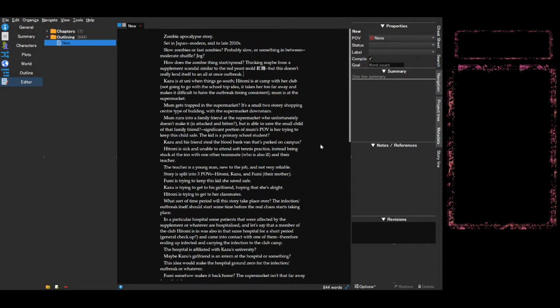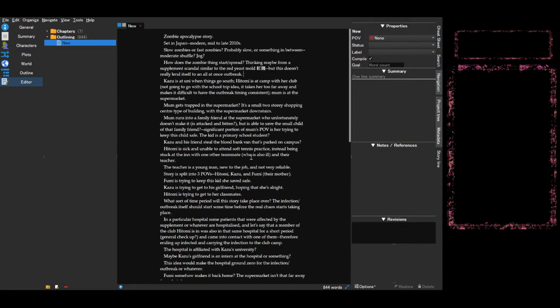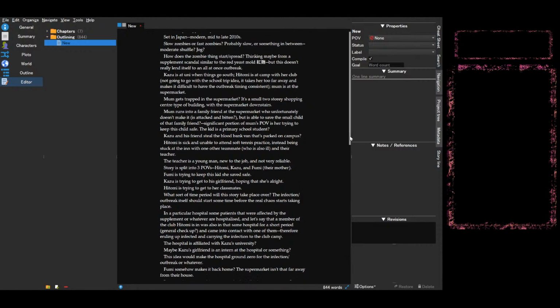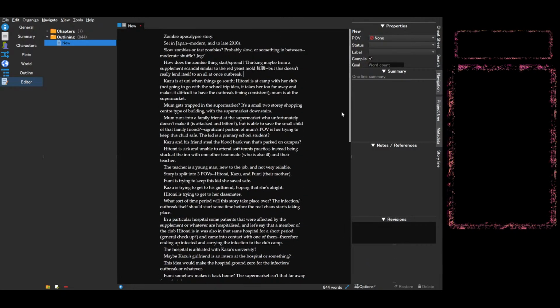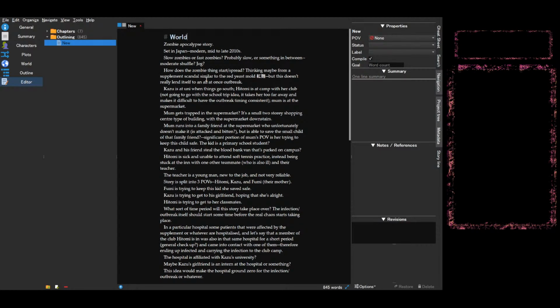So last time we basically just did a brainstorming session where we just wrote out any ideas that came to mind. And so this time, today, we are going to sort of organize that brainstorming into categories. So I'm going to go up here and we're going to make this world building.